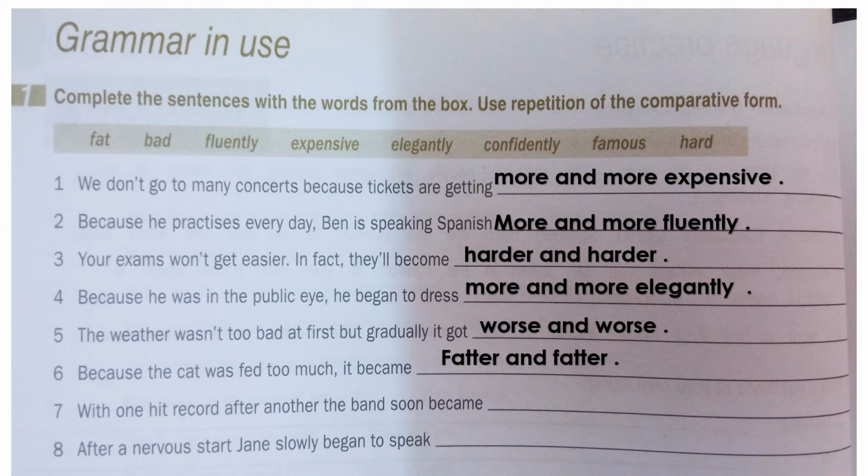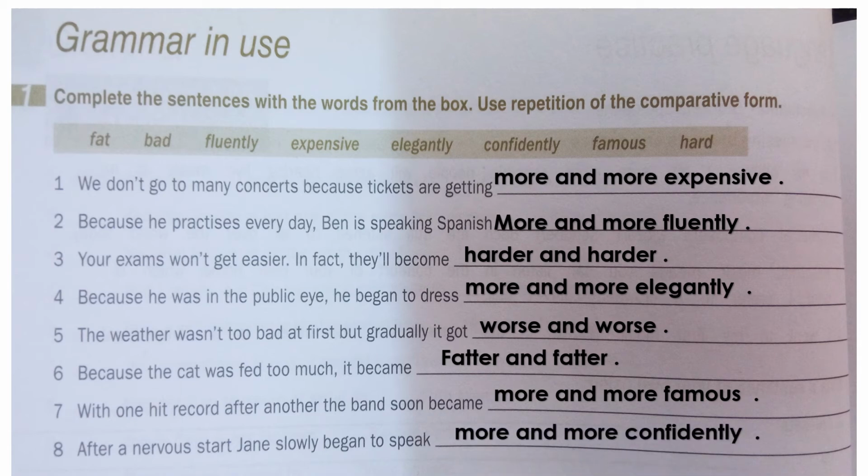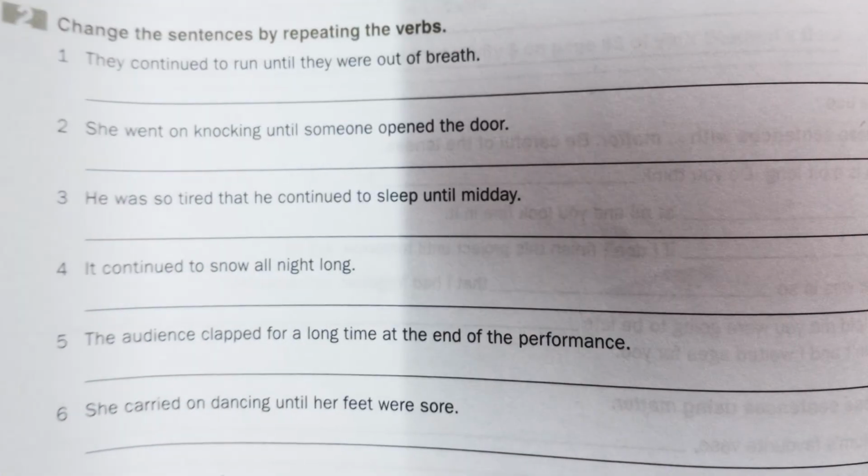With one hit record after another, the band soon became more and more famous. The last one: after a nervous start, Jane slowly began to speak more and more confidently.